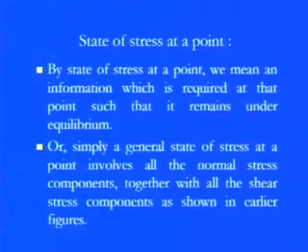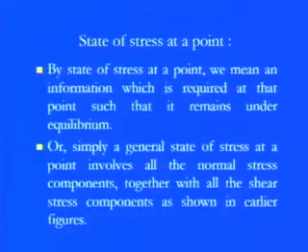So if you want to define the state of stress, the minimum components we need are the 9 components, as we have discussed in the Cartesian and the cylindrical coordinates. By the state of stress at a point, we mean the information required at that point such that it remains in equilibrium under the application of these forces.